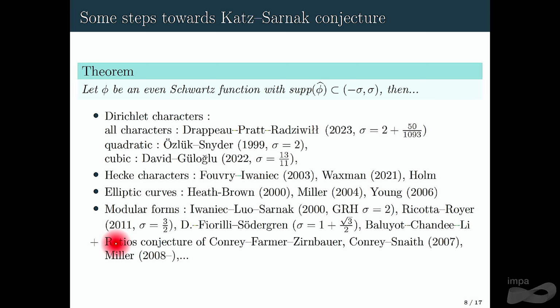And then under some other conjectures, like the ratios conjecture of Conrey, Farmer, Zirnbauer, there are other kinds of results saying that under this conjecture you have any support, and you can describe precisely the lower order terms and stuff like that. So I'm not going to read all the names on these slides. I'm very sorry if I forgot yours. Yes?